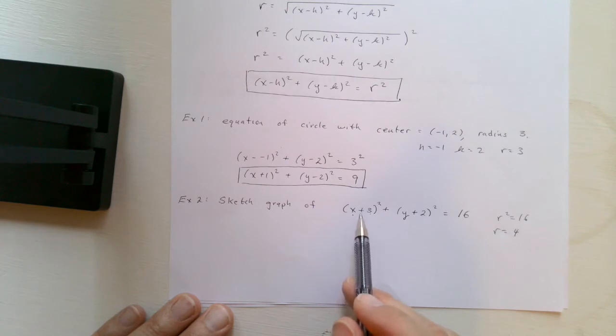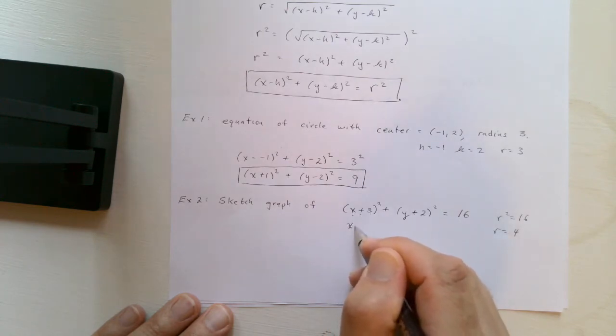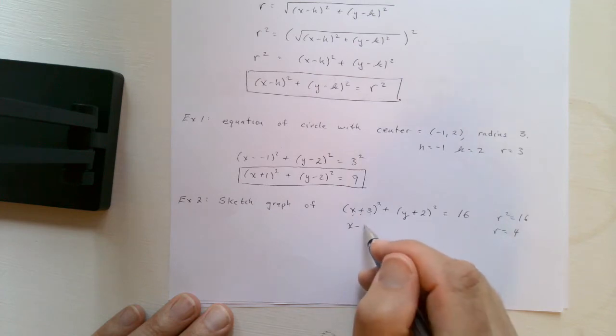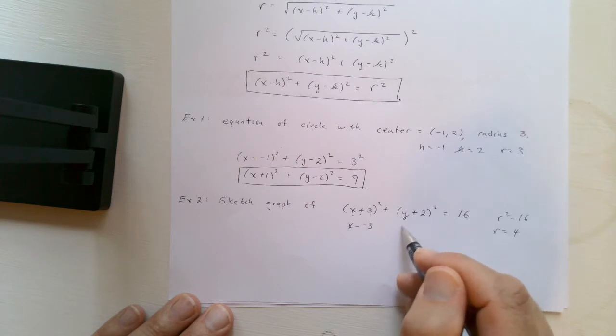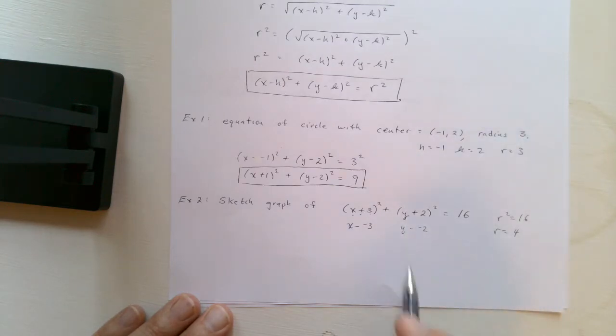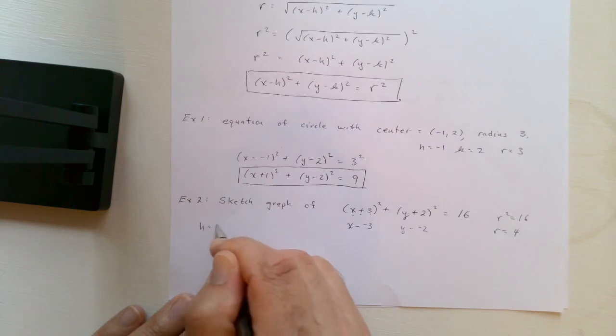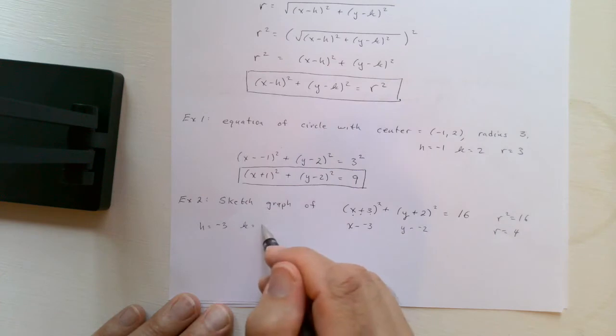We don't have a minus here, we have a plus, but we can rewrite x plus 3 as x minus negative 3, and y plus 2 as y minus negative 2. So h is negative 3, and k is negative 2.